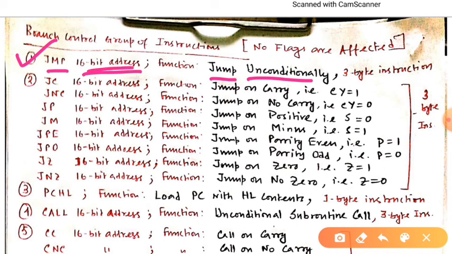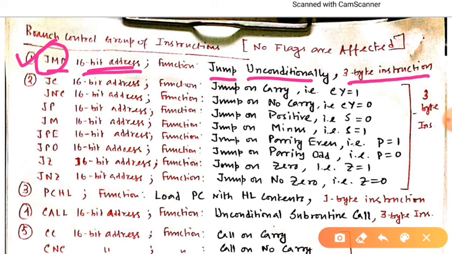That is why this kind of jump or call instruction is always a 3-byte instruction. The first byte among these 3 bytes is always the hex code of jump, and in the next 2 bytes we must specify the memory address.